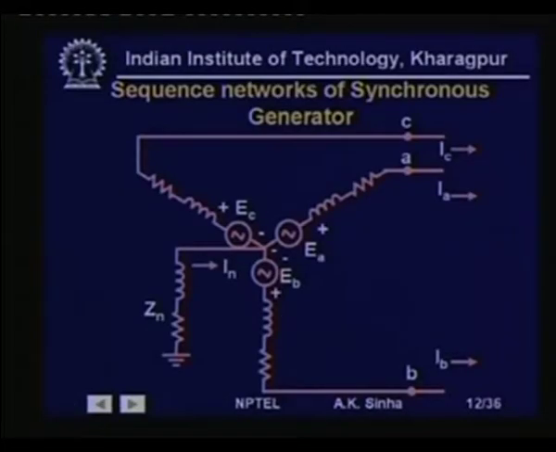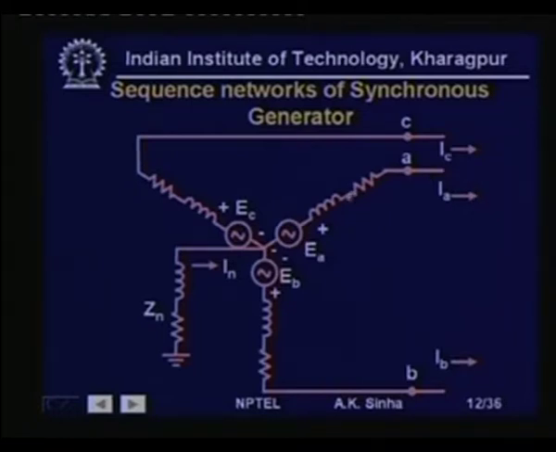Now, we will take up the modeling of synchronous generators in terms of the sequence network. This is a diagram showing the synchronous generator circuit model. We have the three phase voltages EA, EB and EC, phase sequence being ABC.